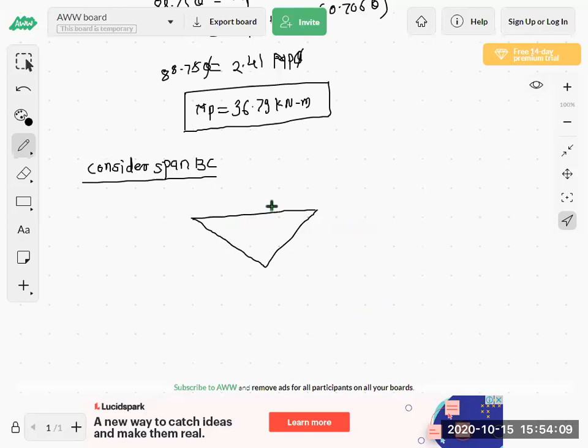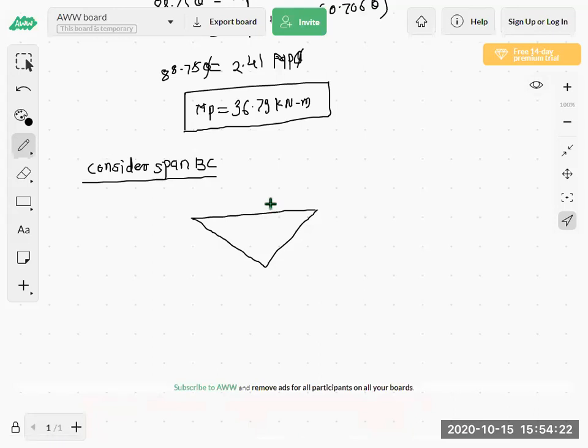They mention that if the UDL lies on the center span of a three or more span beam, then the load of this UDL acts exactly at the center. And if the UDL lies on the end span of a three or more span beam, then the UDL acts at a distance 0.414 L from the end support and 0.586 L from the internal support. I have given these two notes. These are very important.